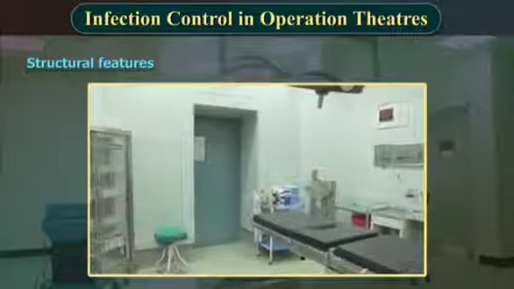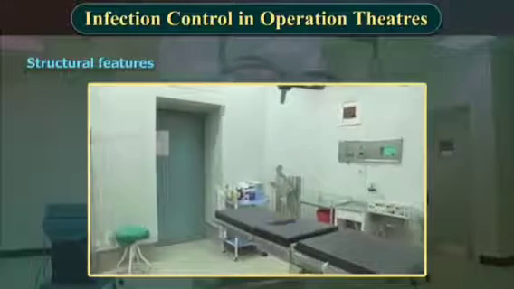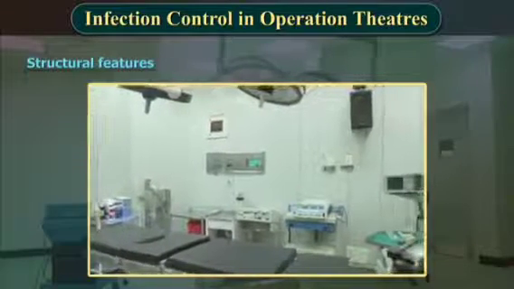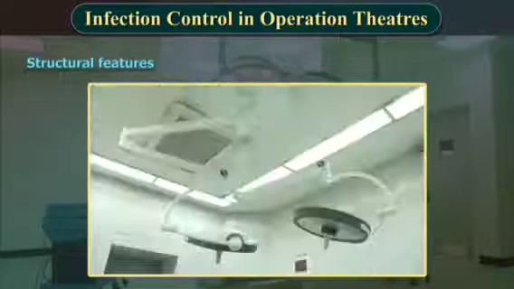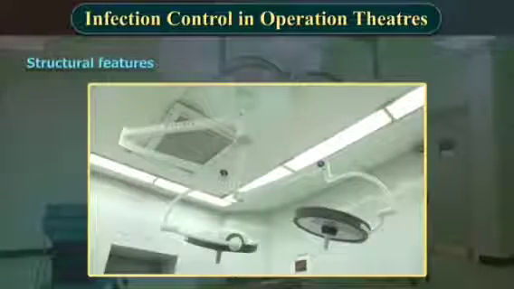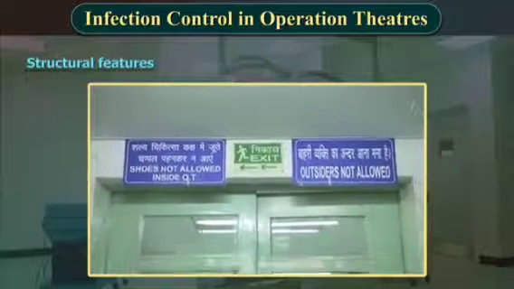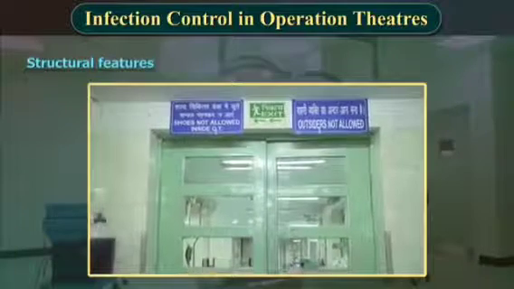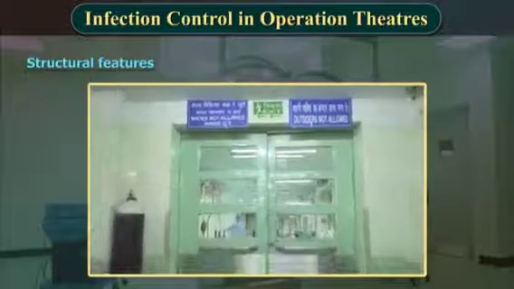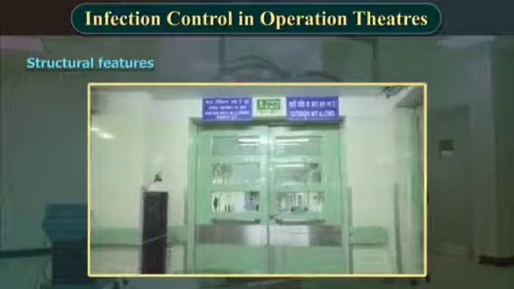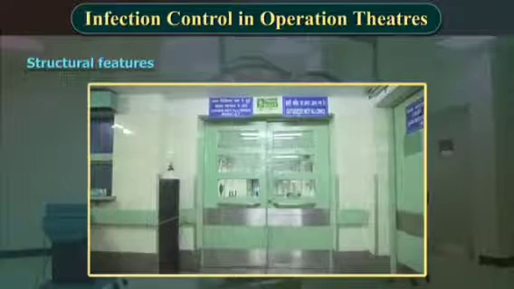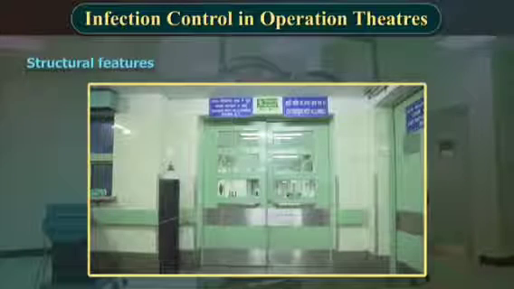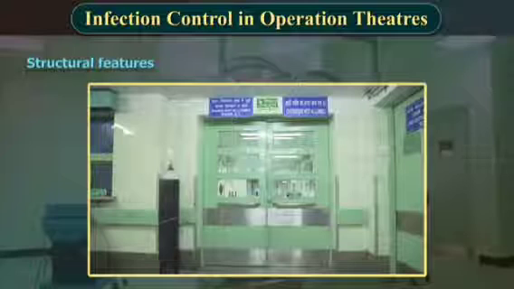Specific rooms should be designated for performing surgical procedures and for processing instruments and other items. It is important to control traffic and activities in these areas since the number of people and the amount of activity influence the number of microorganisms that are present and therefore influence the risk of infection.